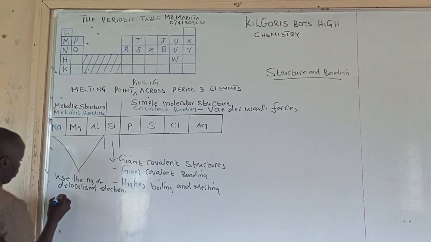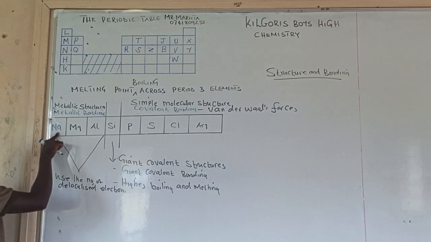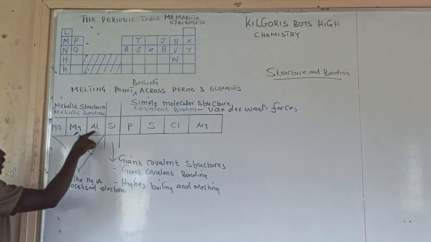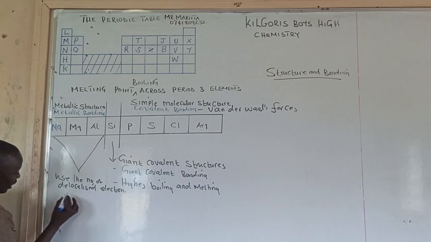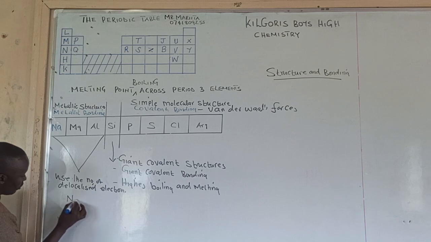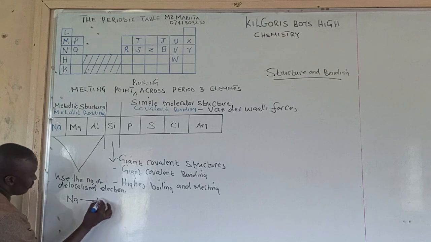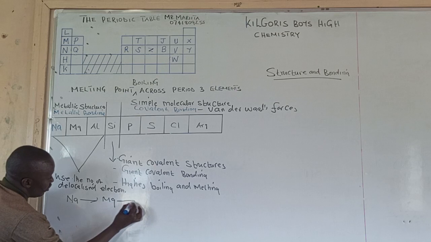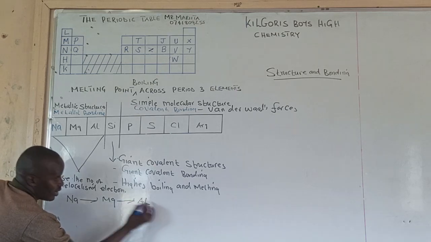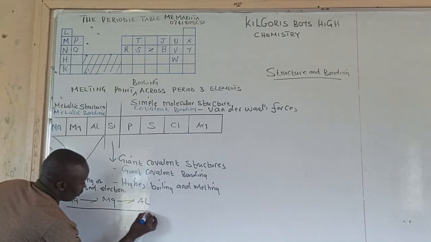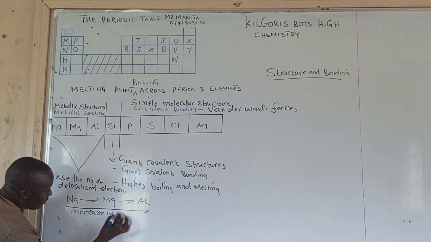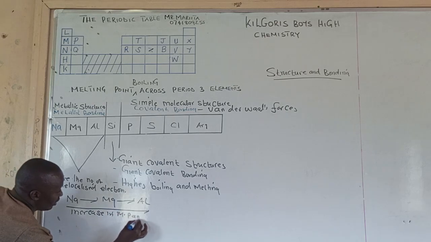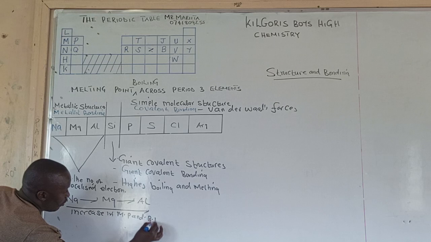So when comparing the melting points of sodium, magnesium, and aluminium, if you follow that order, there is an increase in melting point and boiling point.